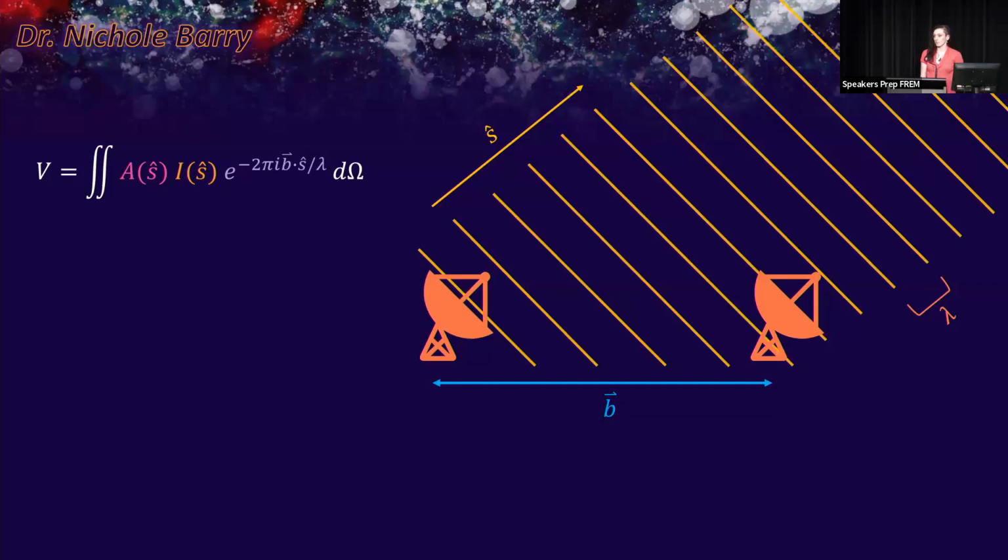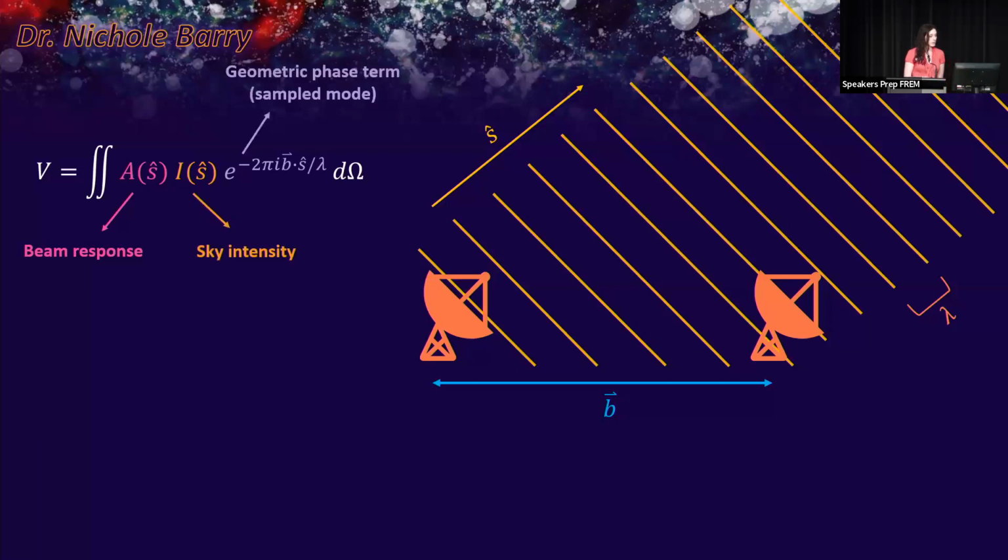Briefly, what is interferometry? This is going to come up. Interferometry measures visibilities. Visibilities are a function of the beam response of the instrument, the sky intensity, so what you're looking at, and a geometric phase term or sampled mode. And this sampled mode depends on the distance between your antennas, or your baseline, and the wavelength of light that you're looking at.